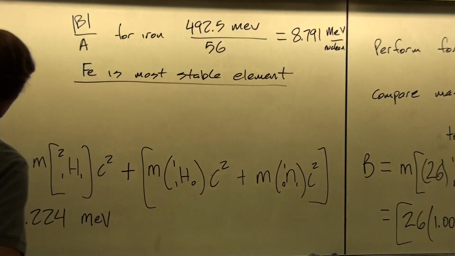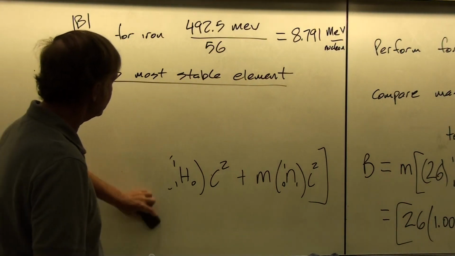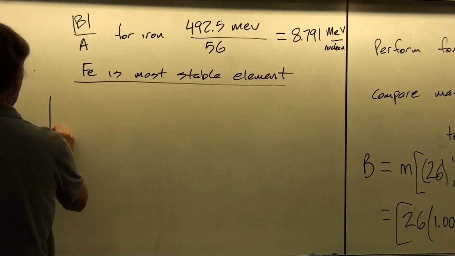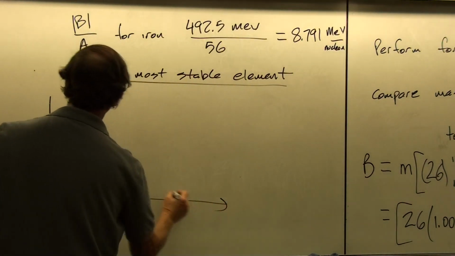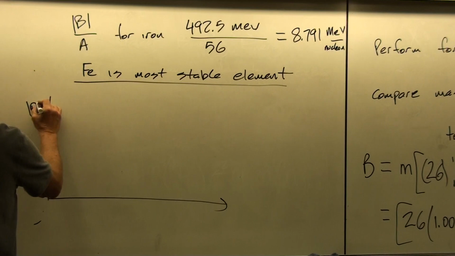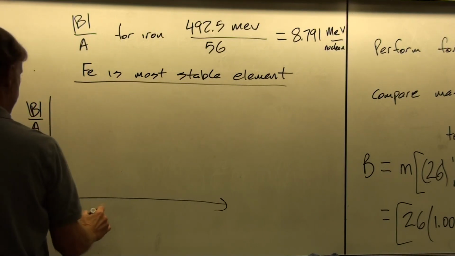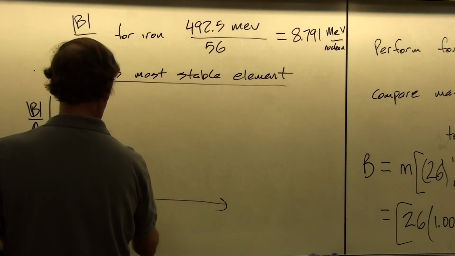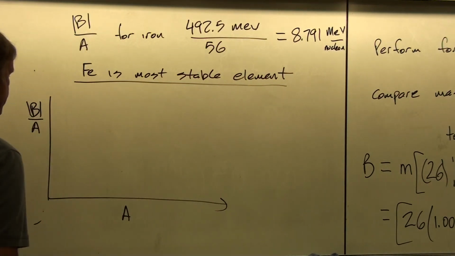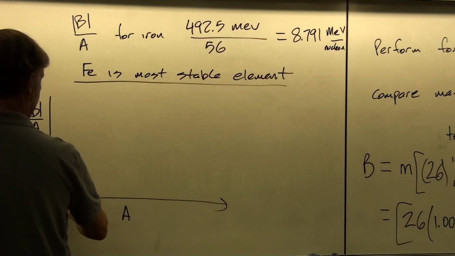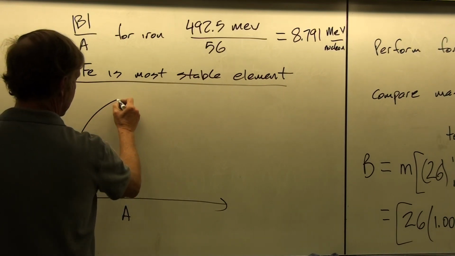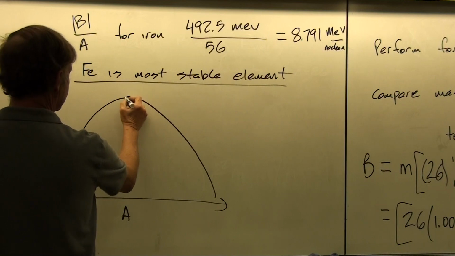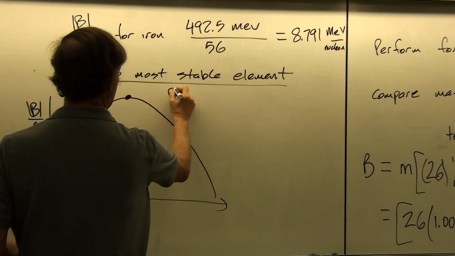And so if we plot the binding energy per nucleon for all elements on the periodic table, here's B over A, and then here is the atomic mass number, A. What we find is that it goes up like that and then it drops back off again. So this is our point of greatest stability.